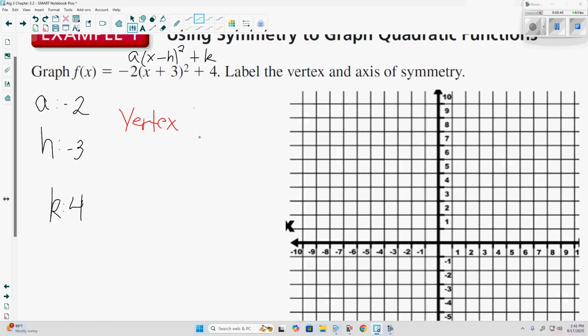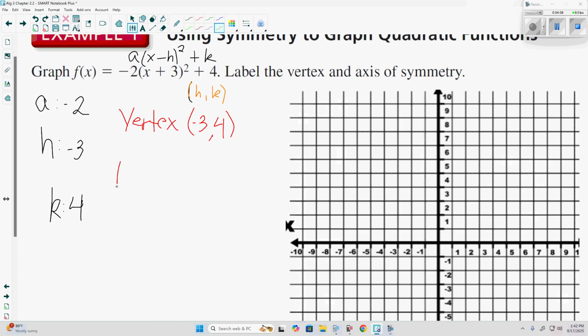Now the vertex is the point h comma k. So for us here, h is negative 3 and k is 4. So it would be the point negative 3, 4 is our vertex.